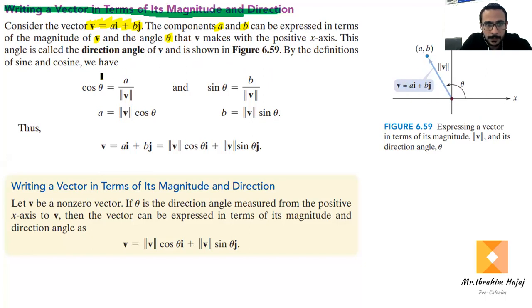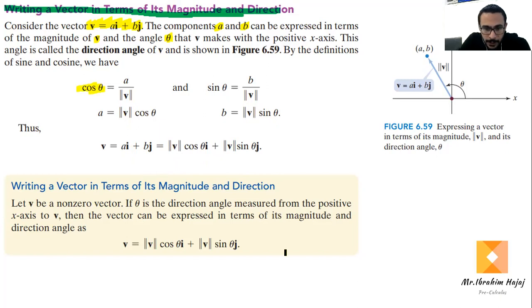Cosine theta is a over magnitude v, and sine theta is b over magnitude v. So a equals magnitude v times cosine theta, and b equals magnitude v times sine theta. We replace a and b by their new values: magnitude v cosine theta i plus magnitude v sine theta j.